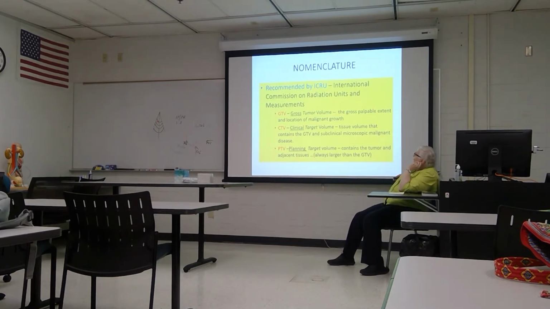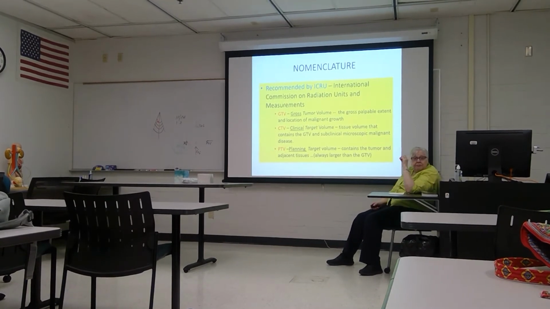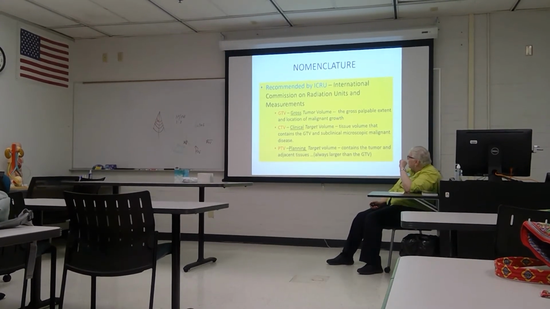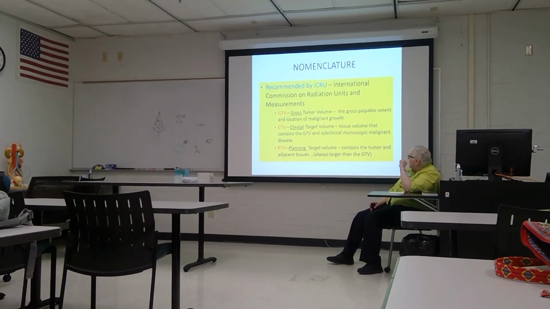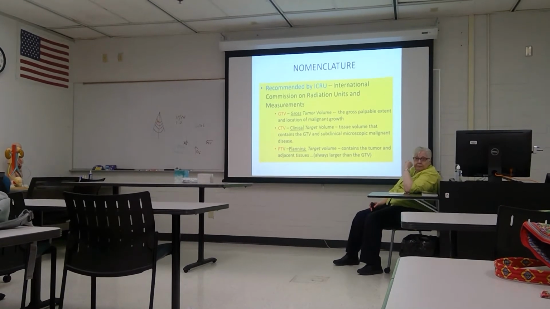Okay. So the GTV is the gross tumor volume, the gross palpable extent and location of the malignant growth. That's the smallest. The CTV, the clinical target volume, is a tissue volume that contains the GTV and the subclinical microscopic malignant disease.